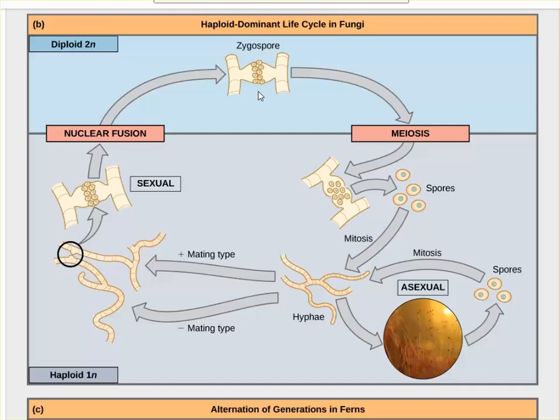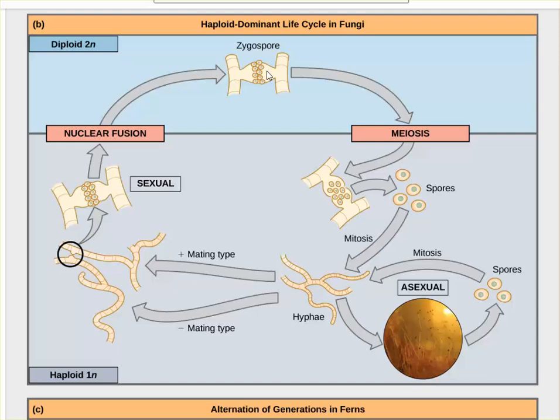What I want to point out, though, is that nuclear fusion, which is kind of like fertilization, and meiosis are still these two critical parts of this life cycle. So in sexual reproduction, we're fusing genetic information from two different organisms. We can see that here, these two hyphae are growing towards each other. So we call that nuclear fusion instead of fertilization.